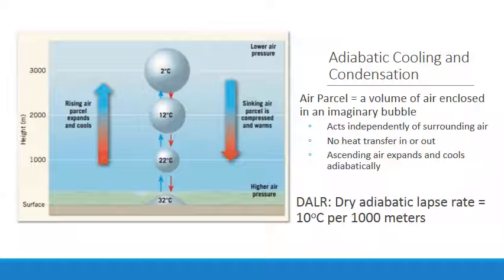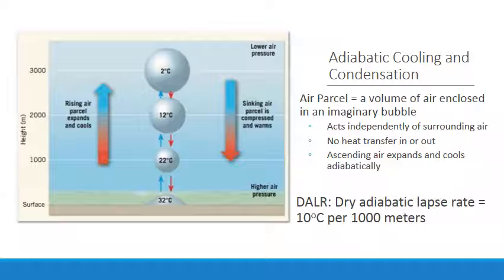We assume that it acts independently of the air surrounding it, but it has its own temperature and moisture conditions that are different from the air in the environment around it. So we assume that there isn't any heat being transferred into or out of this parcel. Although this image is highly idealized, over short time spans, a parcel of air behaves much like an actual volume of air moving up or down in the atmosphere.